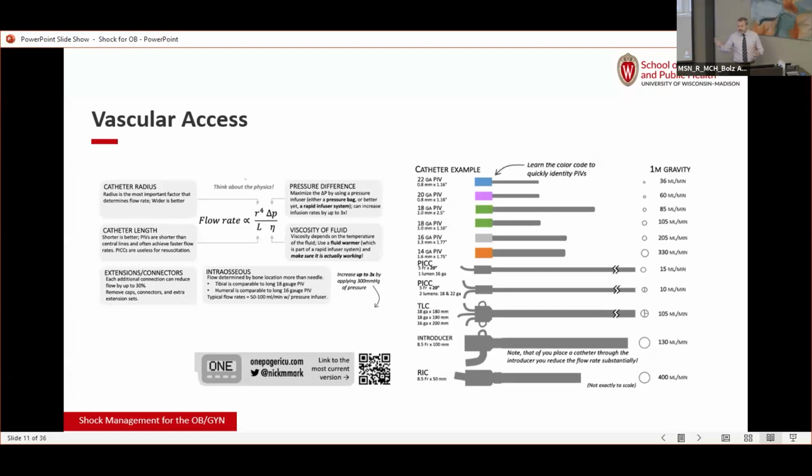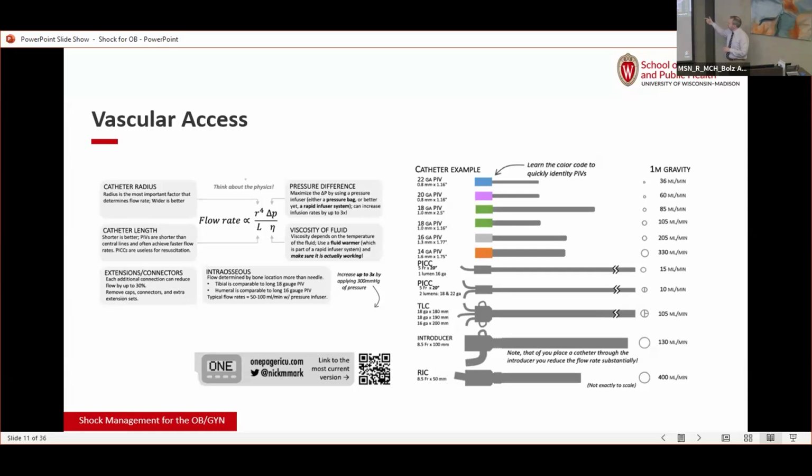And you can look at this chart here, and this website you can go to. This is a website by a semi-famous critical care doc who has these nice little one-pagers to talk about different critical care topics. But anyways, when you look at this chart, you can see the flow rates of different vascular catheters.